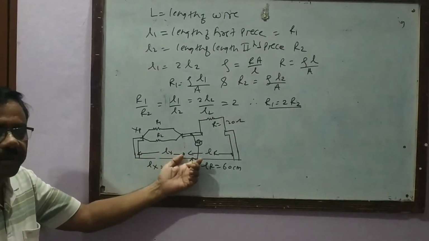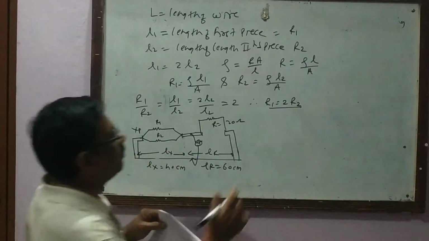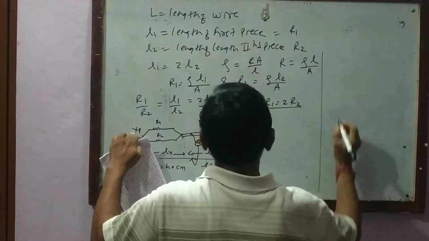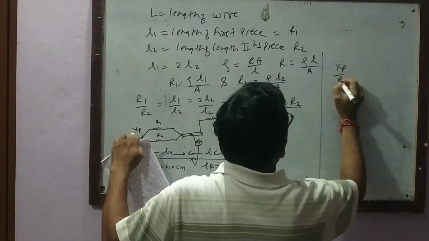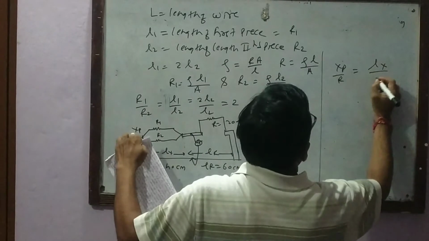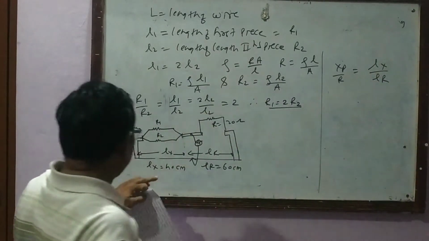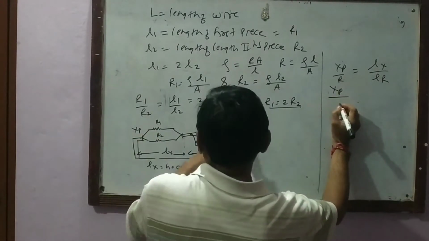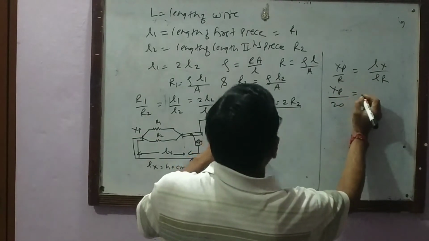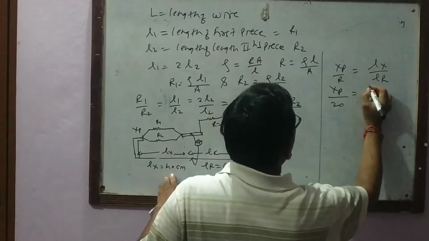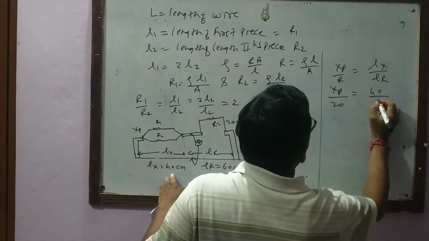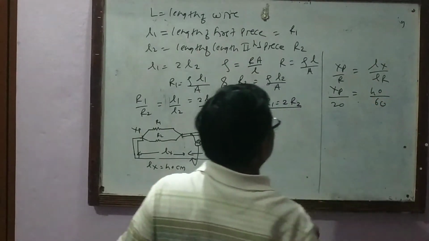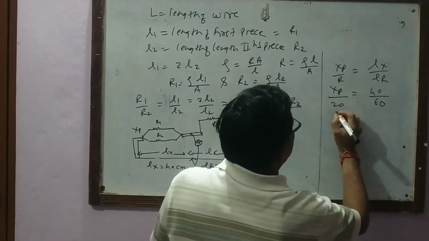Under the balance condition of the meter bridge, we have Xp upon R is equal to Lx upon Lr. Therefore Xp upon R, which is 20, is equal to Lx 40 upon 60.